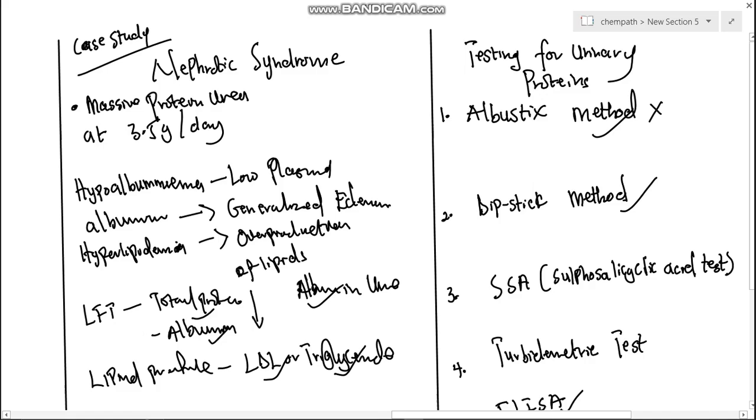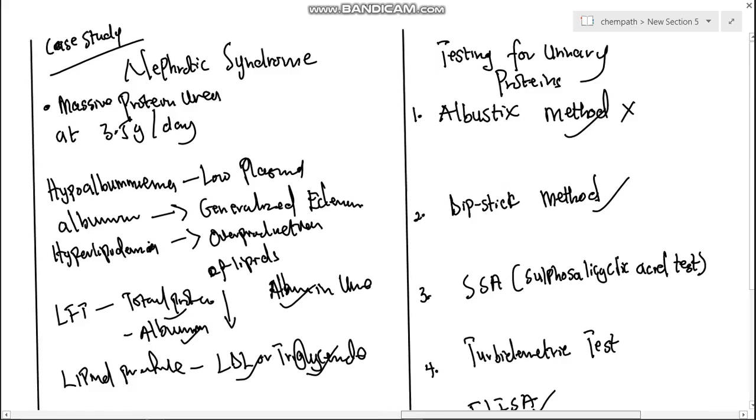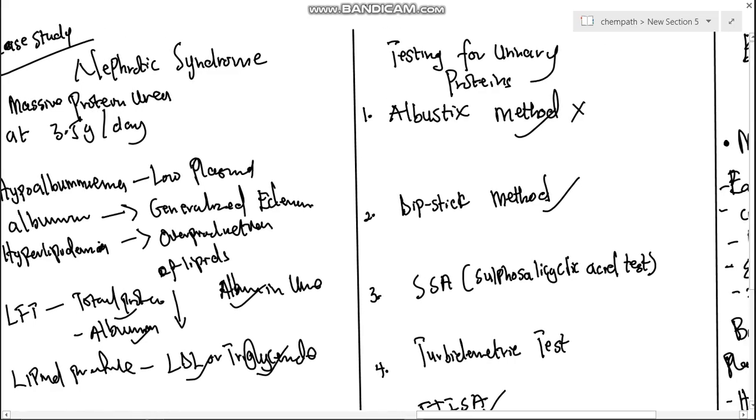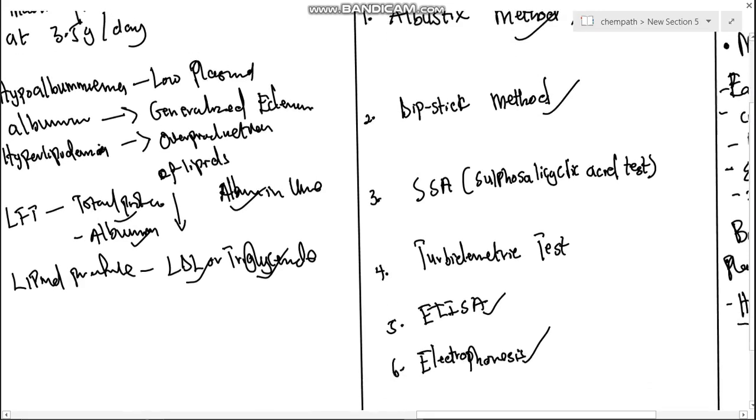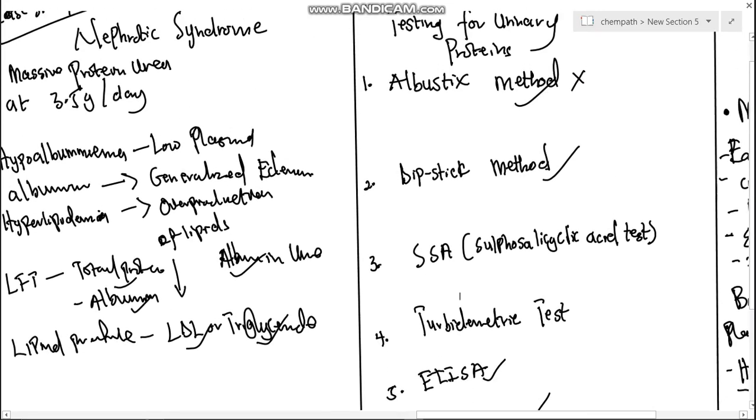Alright, so we have various tests that we can use to determine protein in urine. In fact, determining urine proteins is not any big deal, because it doesn't require any high technical skills. First of all, most of these tests are qualitative.